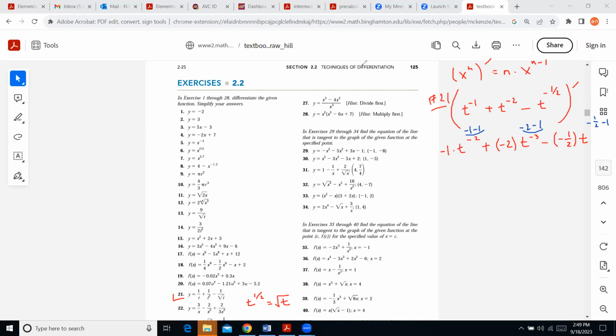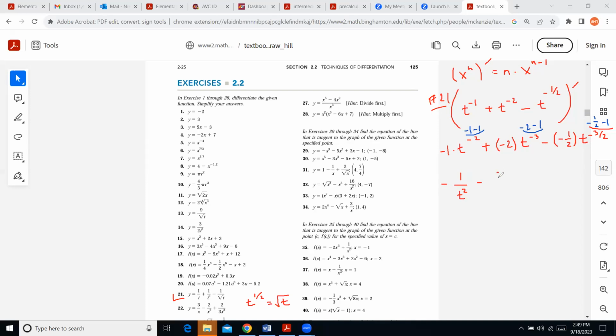So people like to put it as -3/2 sometimes, or sometimes people say it's -1.5, the same thing. Whichever way you put this down is fine, as long as it's correct. So t squared is in the denominator with a minus in front.